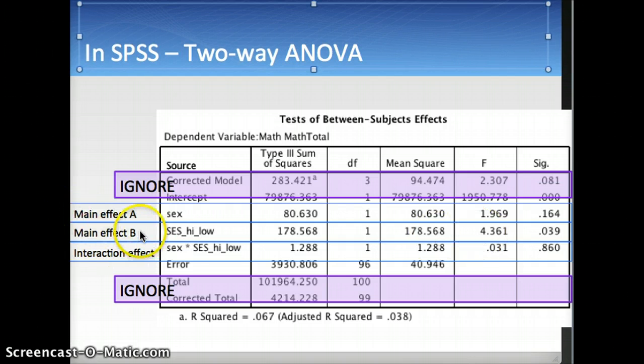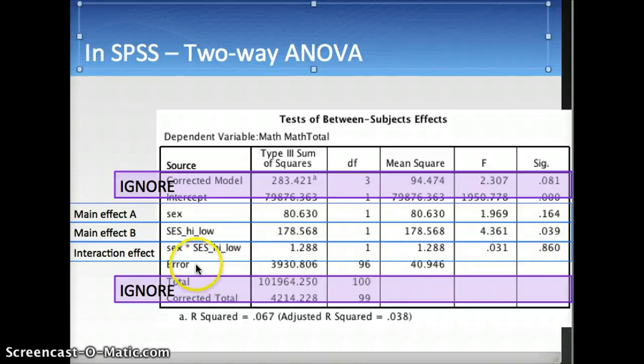Then for the main effect B, the effect of socioeconomic status, we get a mean square of 178 divided by 40, which is 4.361, and this is a significant effect because the probability of getting such an F value is smaller than 0.05.